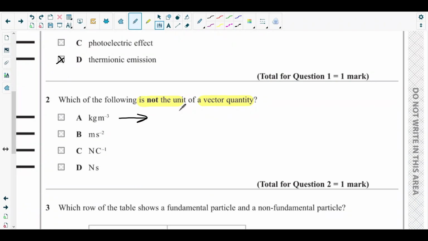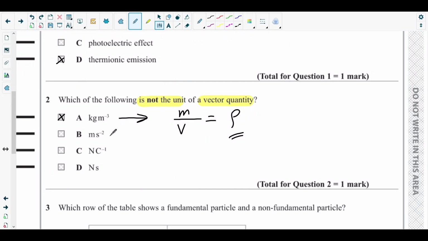Kg corresponds to mass, and meter cube corresponds to volume. So kg per meter cube is basically the quantity rho, which is density. Is density a vector quantity? No, it's a scalar quantity. So basically A is the answer. Then you go for why B, C or D are not the answer.